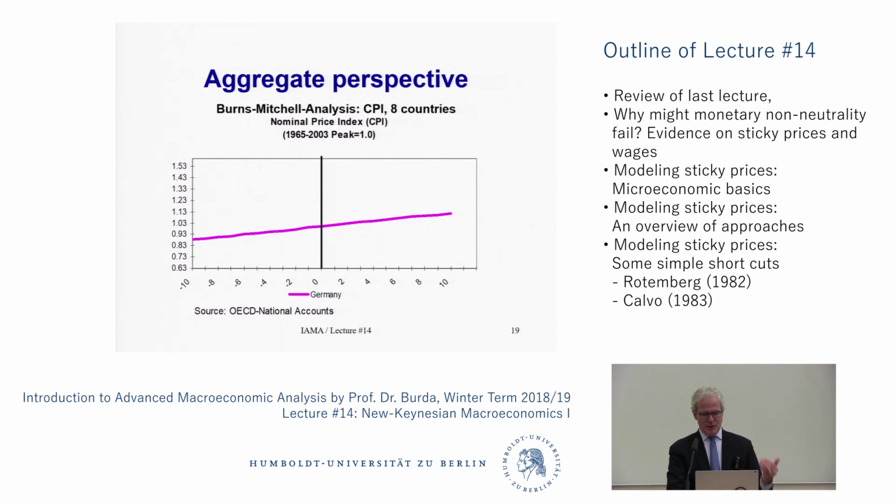When you add these prices together and you look at the aggregate perspective, you see that again, this is the most extreme version of this picture. This is just the CPI centered around the peak, and then averaged over several countries over cycles. You see that prices don't seem to change much in trajectory over the cycle. Now, if you do a Hodrick-Prescott detrending procedure, you get more of a drop when the recession comes.